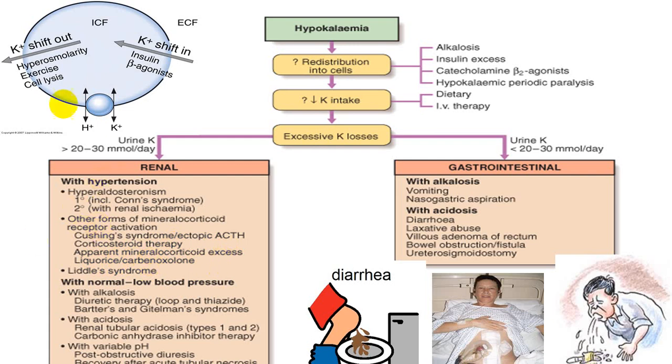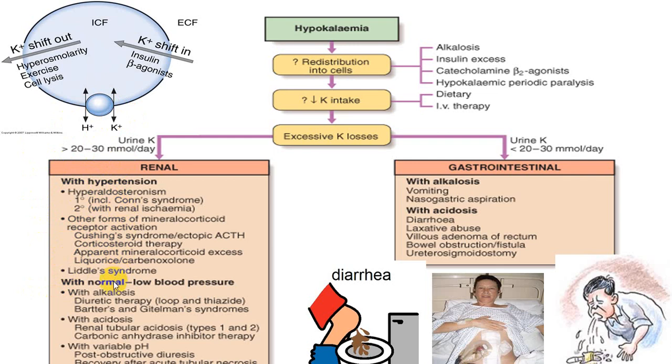There is one more syndrome where you lose a lot of potassium, called Liddle syndrome. So you can have that, and they are associated with hypertension. The classical example is hyperaldosteronism, maybe primary or maybe secondary.